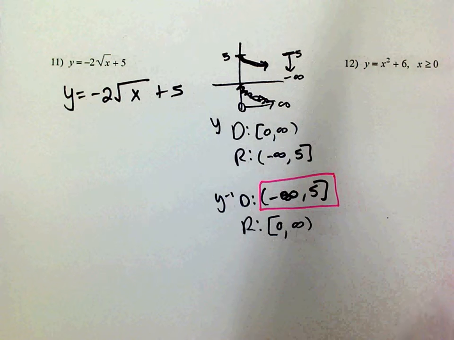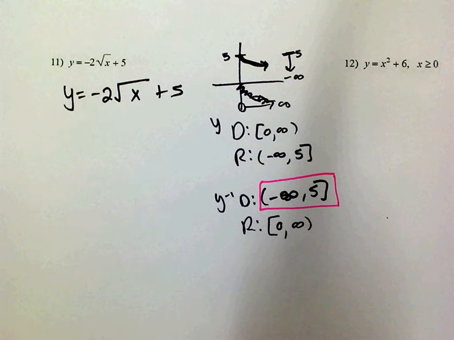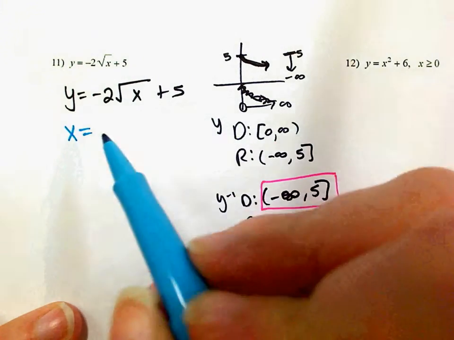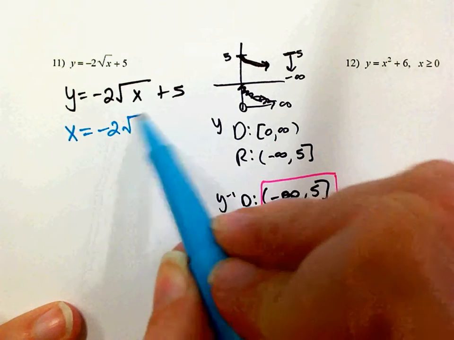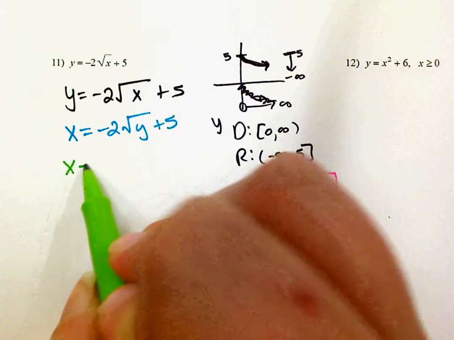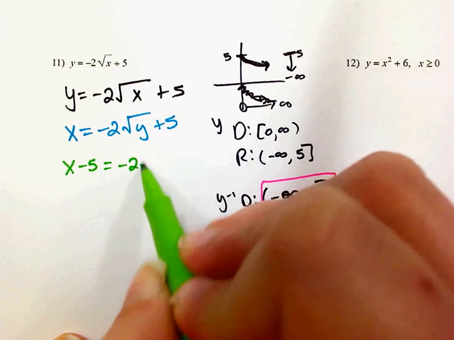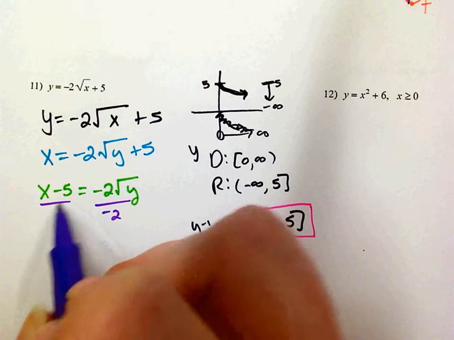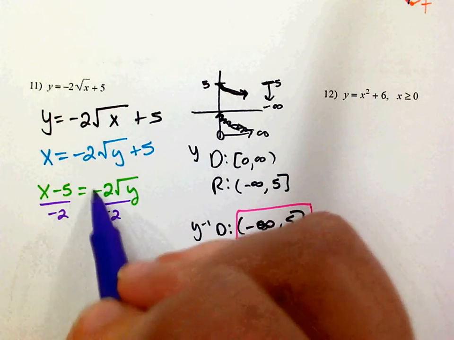So I switch x and y. X equals a negative 2 square roots of y plus 5. I subtract the 5. I want to get rid of the negative 2, so I'm going to divide by negative 2. I don't like dividing by a negative, so I'm going to float the negative to the top. Negative x plus 5 divided by 2 equals the square root of y.